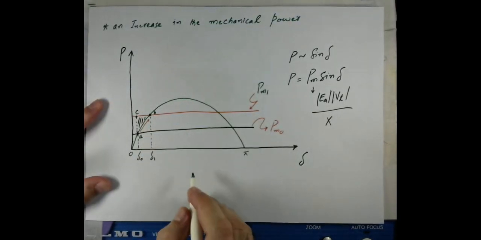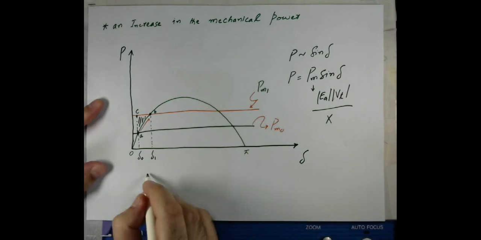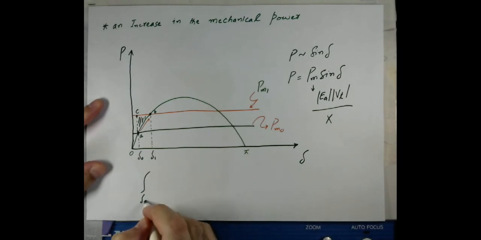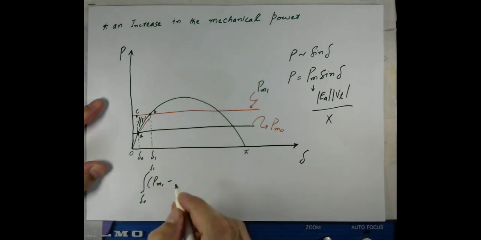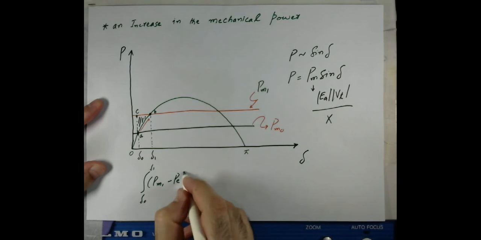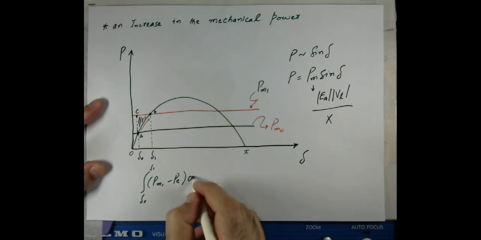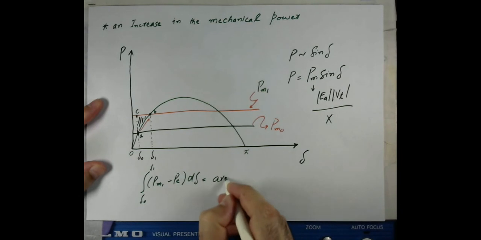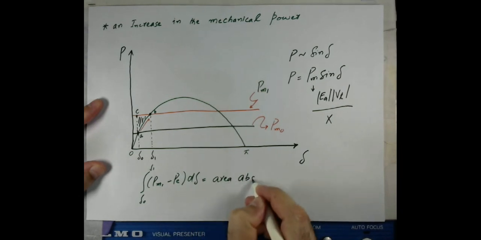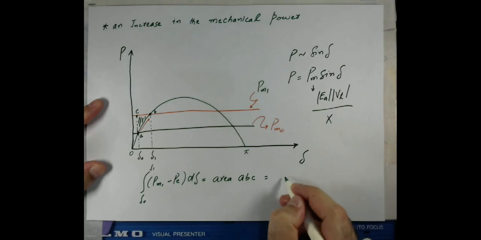So the integral from delta naught to delta 1 of (Pm1 minus Pe) d delta equals area ABC, what we call area 1.